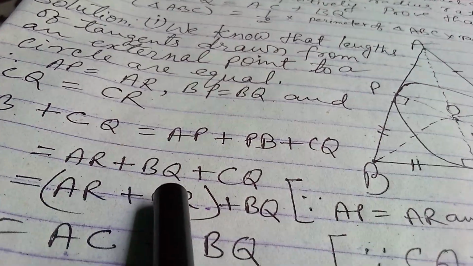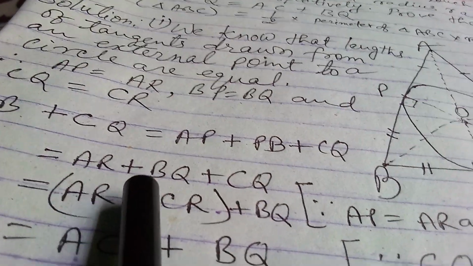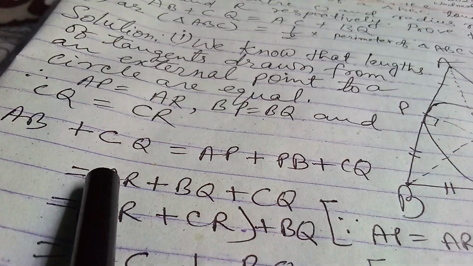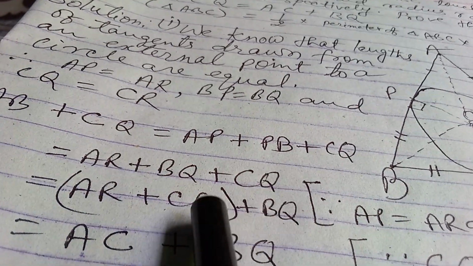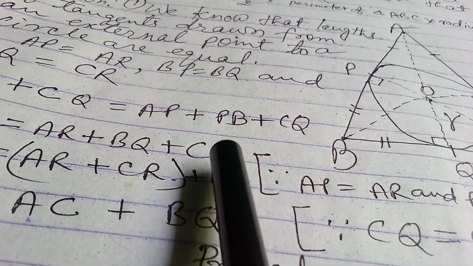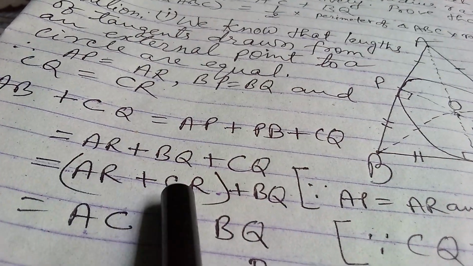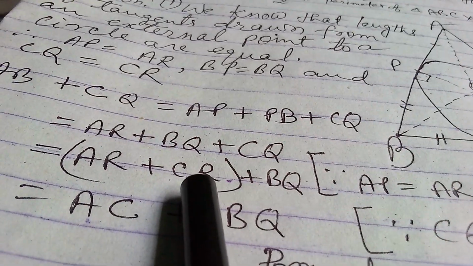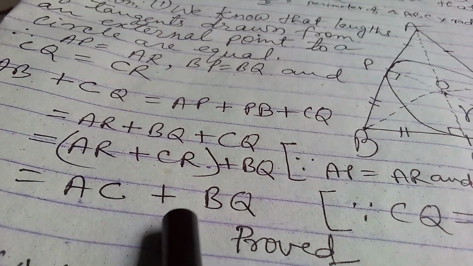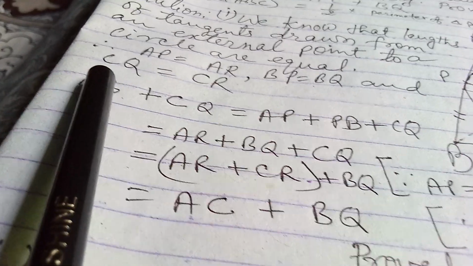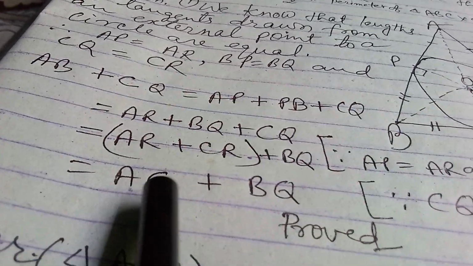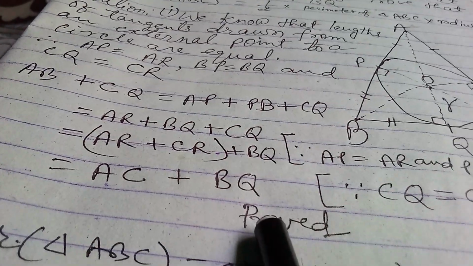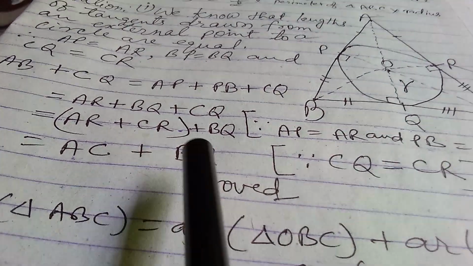Now AR plus BQ plus CQ. Now again you find that CQ equals CR. So in place of CQ we write CR, so AR plus CR in the bracket, and BQ is outside the bracket. And AR plus CR by adding we get AC plus BQ. So AB plus CQ equals AC plus BQ. Left hand side equals right hand side. So this is the first proof that we got.